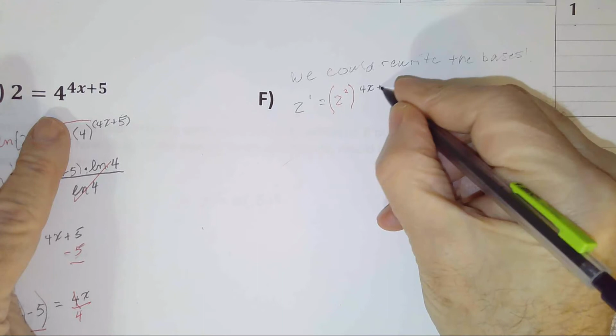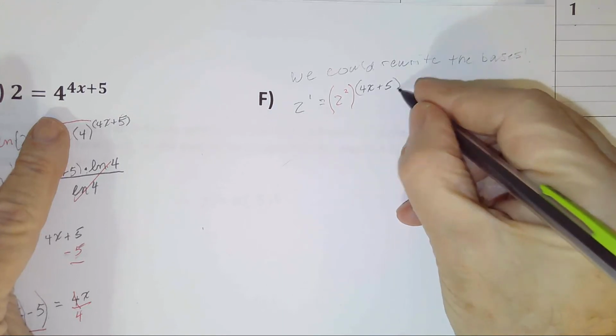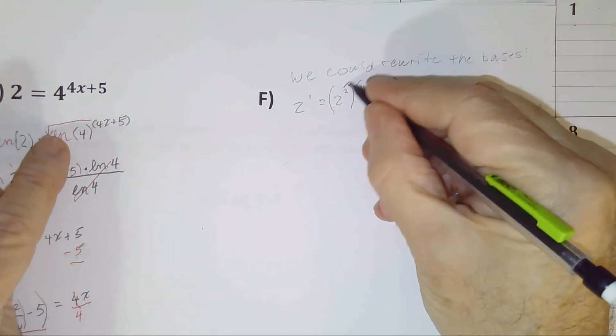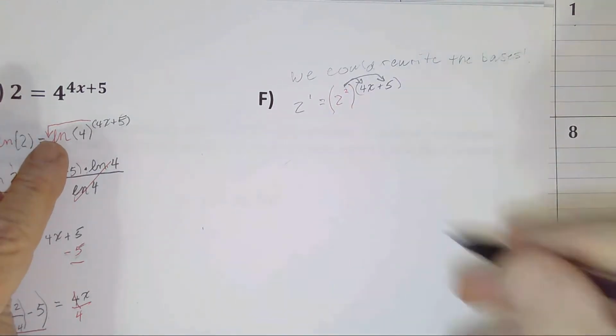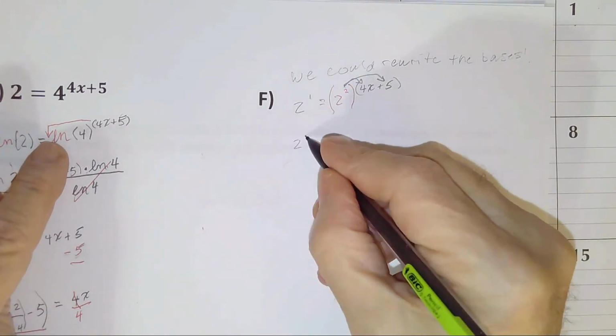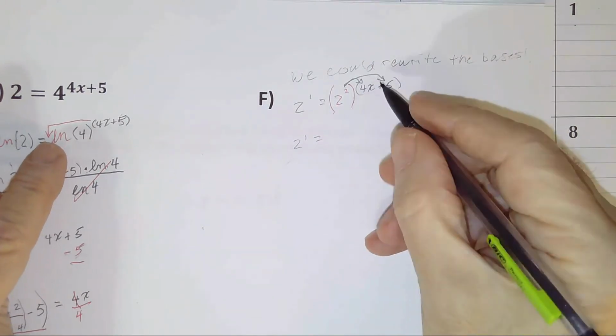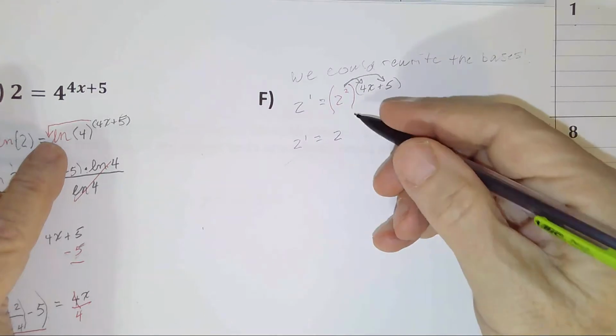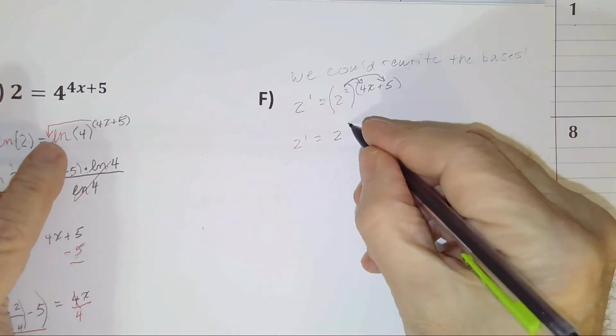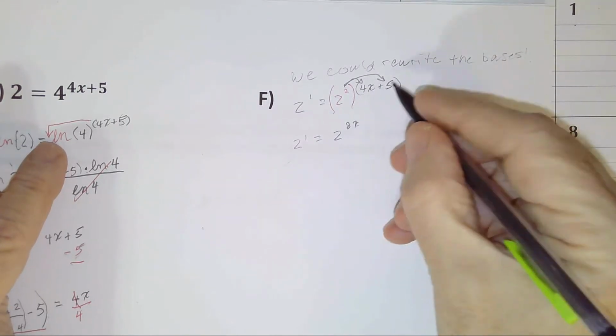Right? And then of course I have to multiply the 2 to the 4x and the 2 to the 5. So I can rewrite this as 2 to the 1 equals 2 to the 2 times 4 is 8x, and plus 2 times 5 is 10.